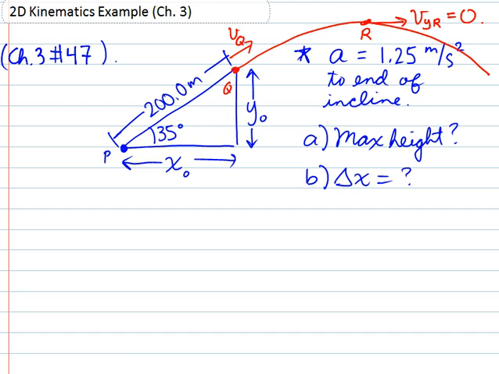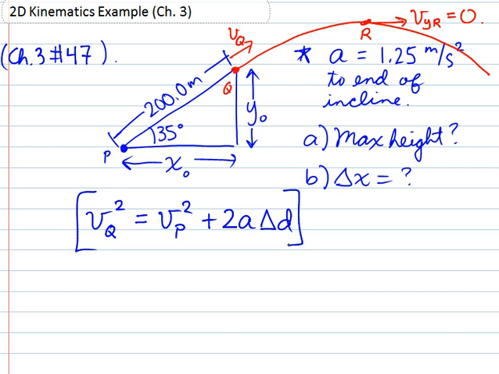The first thing we need to do is figure out how fast it's going at the end of the incline. We're going to use the forgotten equation again, which, as I mentioned in the previous video, is that our final velocity squared is equal to initial velocity squared plus 2 times acceleration times displacement. Now, I didn't mention this last time, but this is very important.